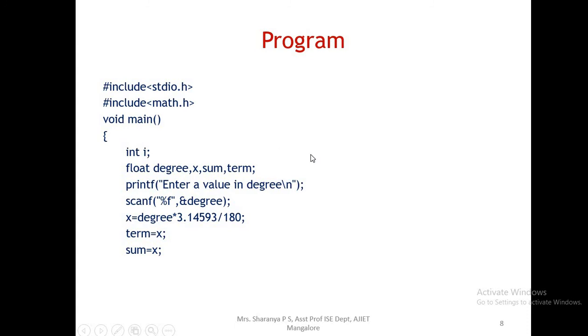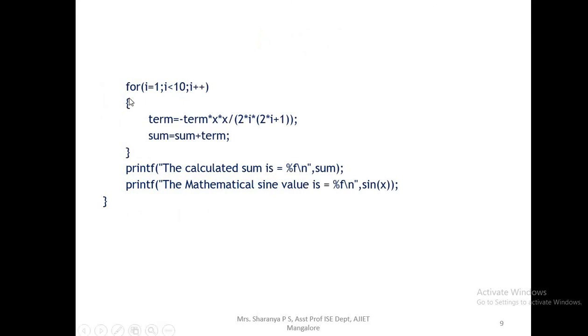Your main objective is to find the sine of x value and compare it with the two different systems. It finds the x value by referring to the formula degree into 3.14 divided by 180, and these values are stored in other variables for further reference.